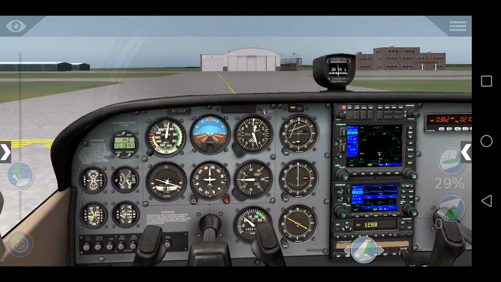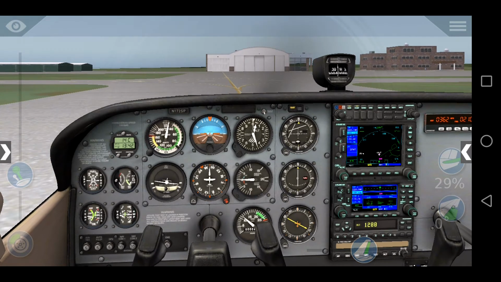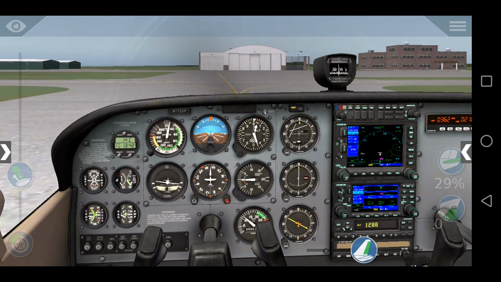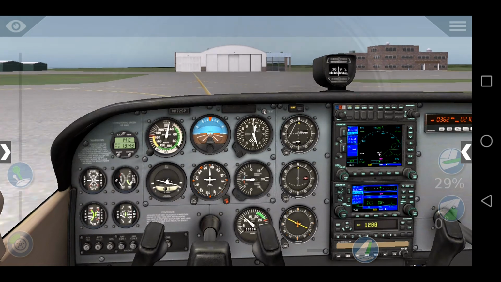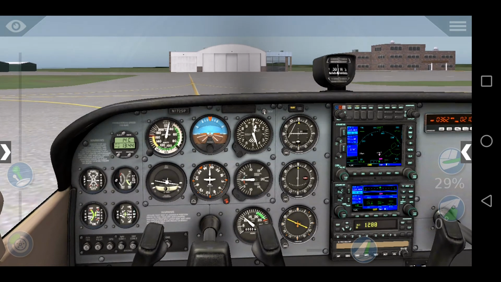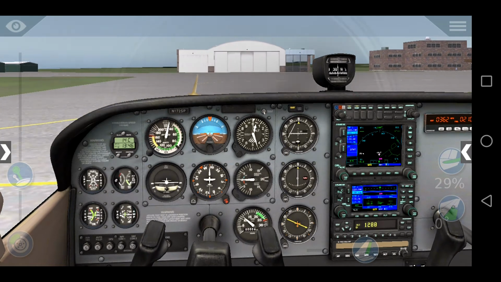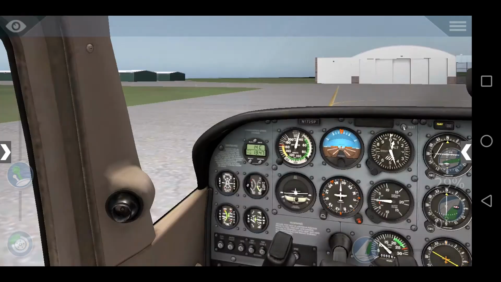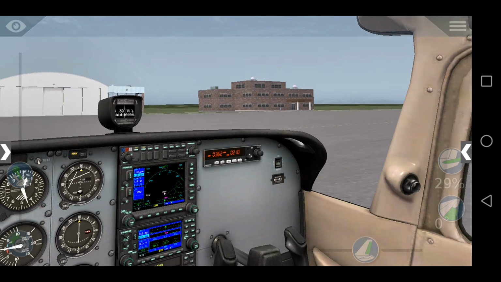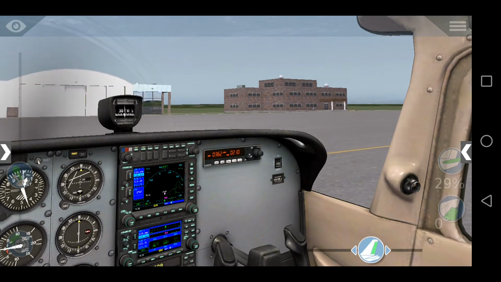Alright, so I'm going to find a suitable location just in front here to secure the aircraft. There we are, taxiing. There's hangars down there somewhere, but I'm not going there. We're going to stop somewhere around here.